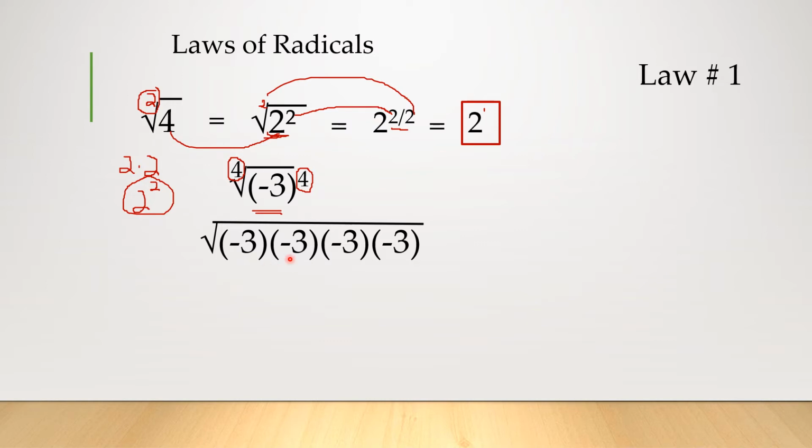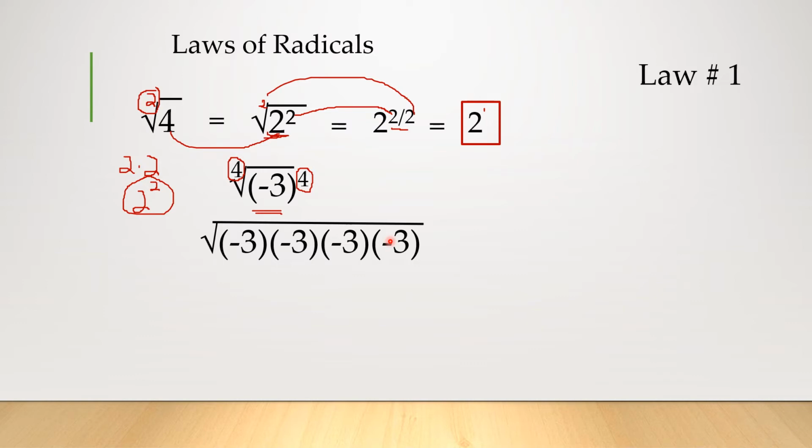Negative 3 times negative 3, that's positive 9. Positive 9 times negative 3, that is negative 27. And negative times negative, that is positive. So the result here, because it's an even number as exponent, will always be positive.